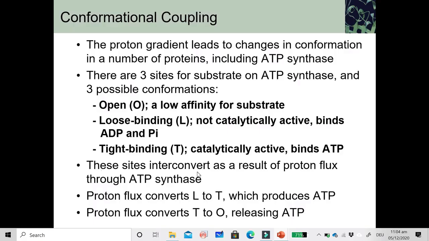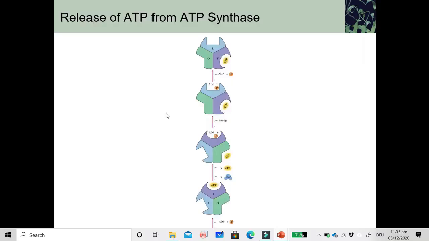These sites interconvert as a result of the flux of protons through the ATP synthase. Proton flux converts L to T, which produces ATP. And what is L? Again, not catalytically active. T is catalytically active, tight binding. Proton flux converts T to O, which releases ATP because O has low affinity for the substrate. So here is what happens.